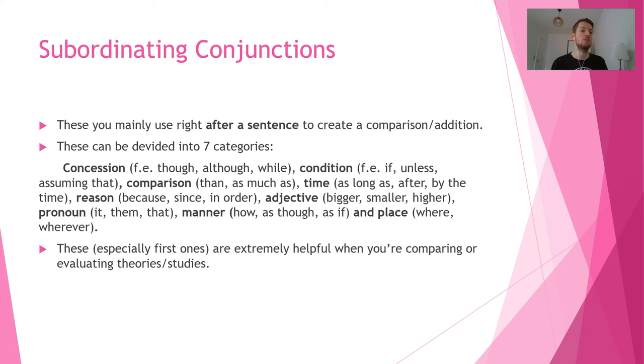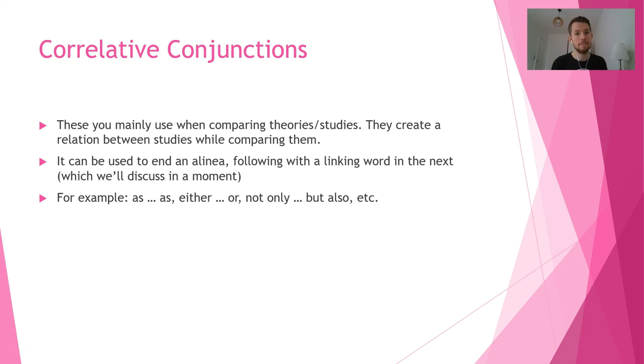For example, with the concession, the word although is very nice, because then you can have one research saying, okay, the general idea is that so and so, although some research might indicate that this is not entirely true or not entirely applicable to all settings. And with those kinds of words you can really make a text more smooth.